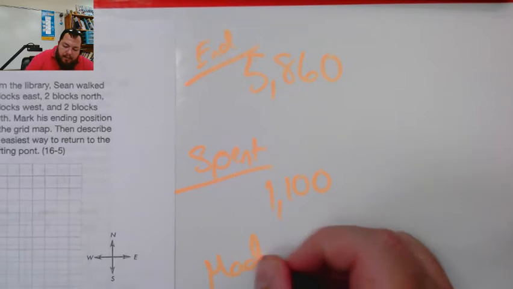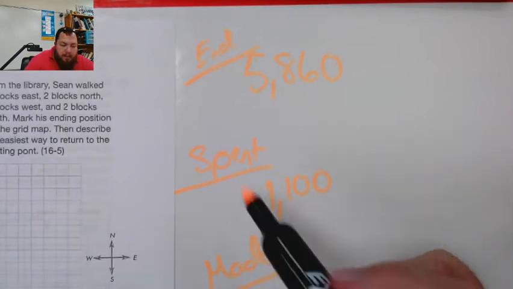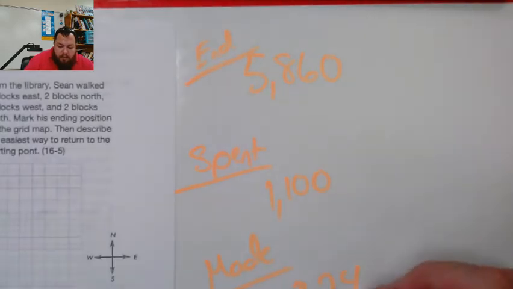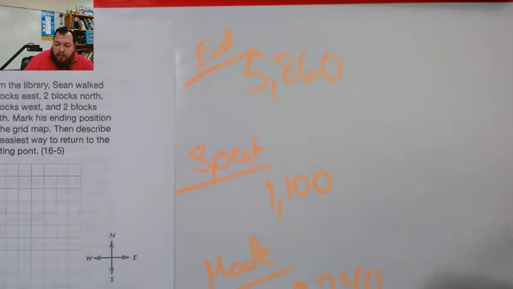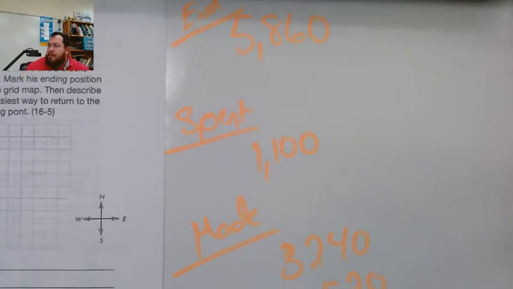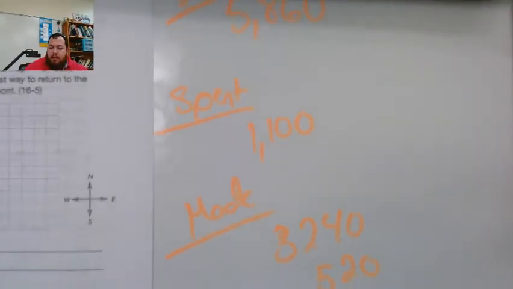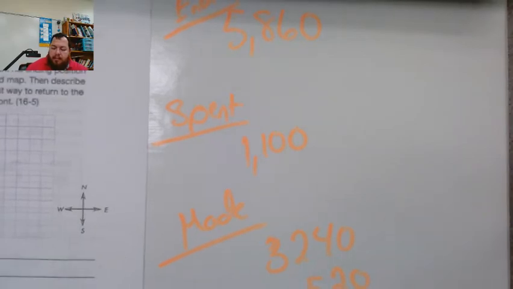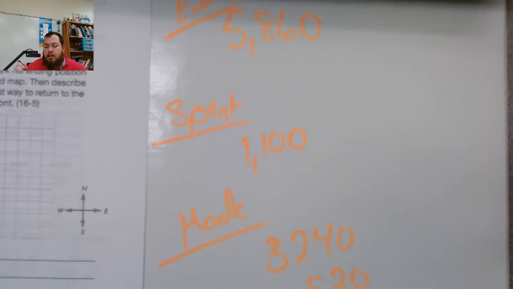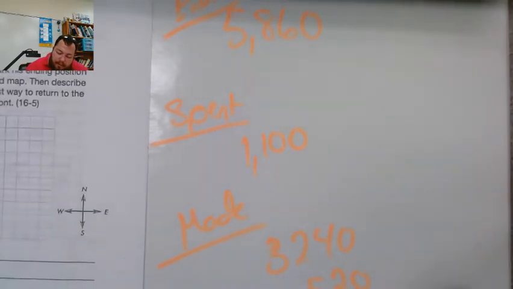Made, let's see how much they made. They made $3,240 plus $520. Let's slide this up some so you guys can see that. So I'm going to add up how much they made together, which is 0, 6, 7, 3.